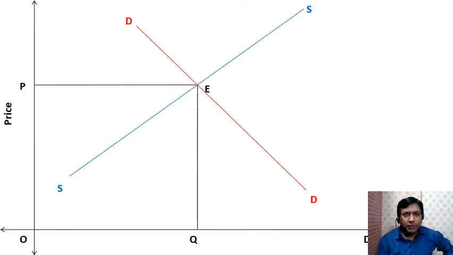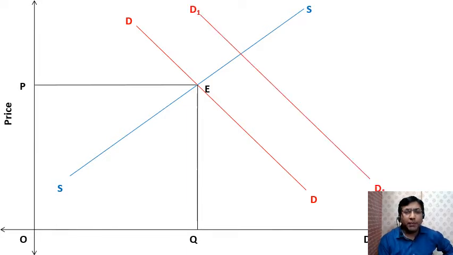In this diagram, DD is the demand curve, SS is the supply curve, and E is the equilibrium point. So, the original equilibrium price is OP and the quantity is OQ. Now we all know that the demand for air travel is increasing. So it indicates that the demand for air tickets will increase.